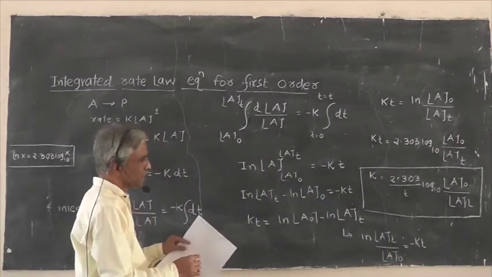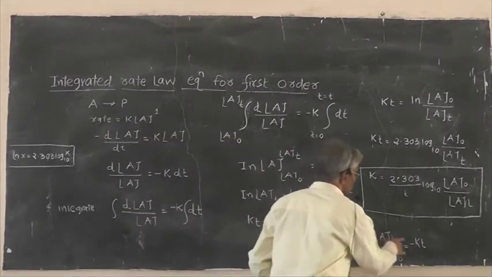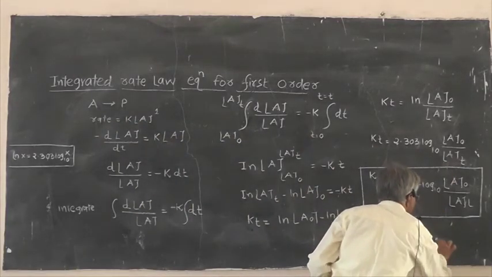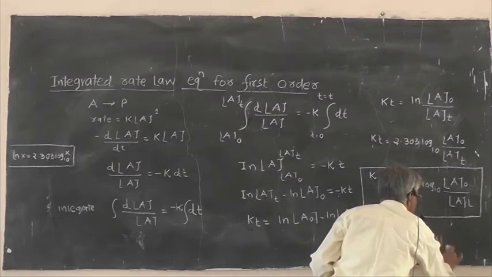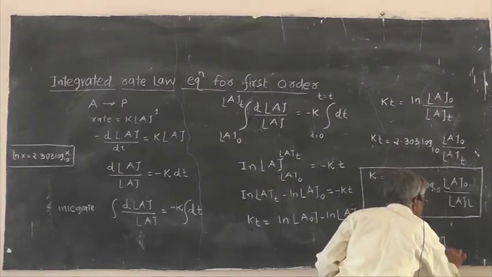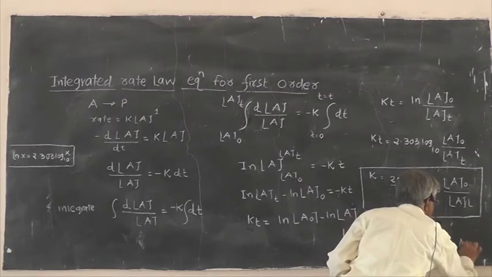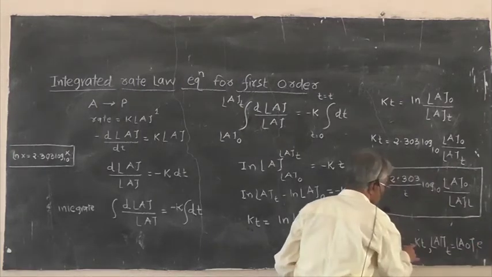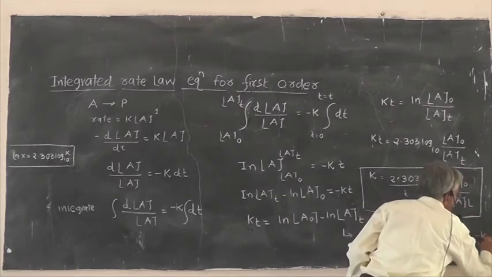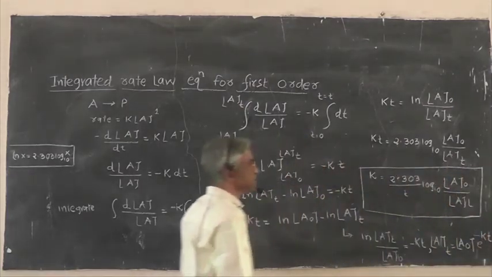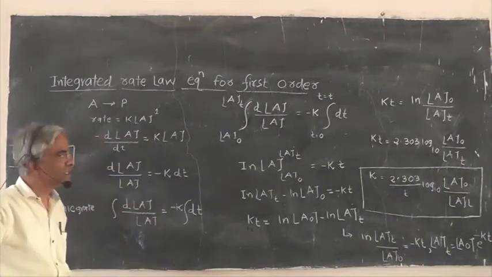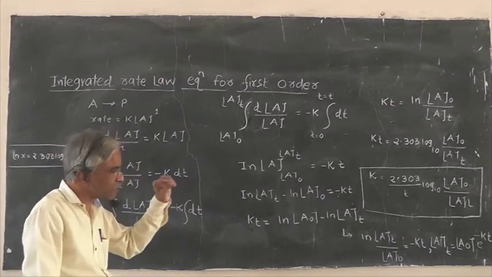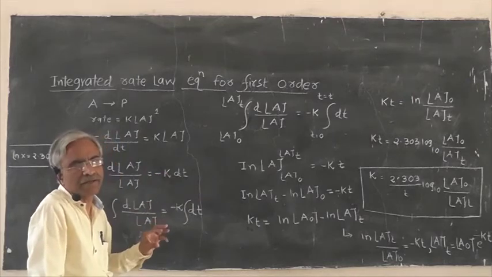Therefore, converting it into the exponential form, the concentration At will be equal to H0 times exponential raised to minus k into t. This is another form of the equation which has been represented exponentially.